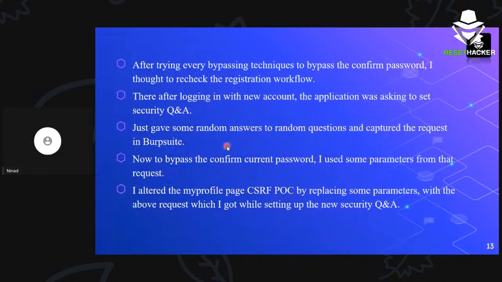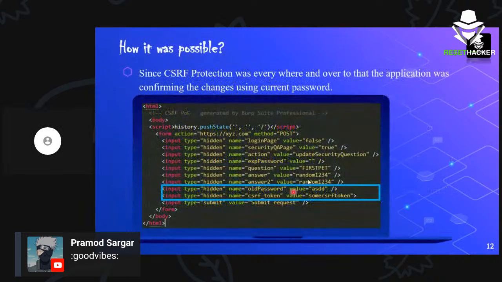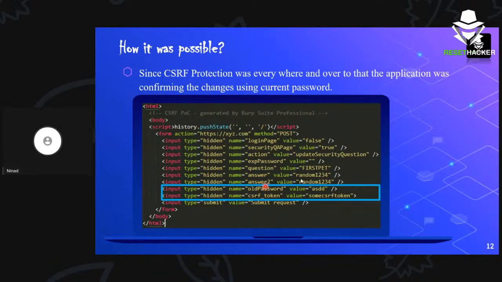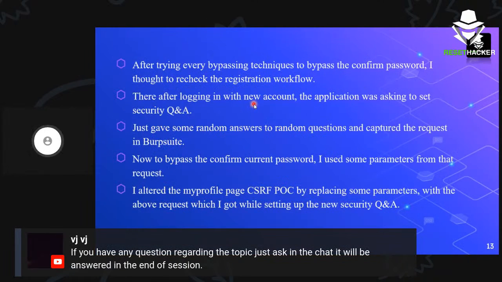But still, after deleting the entire CSRF token parameter, how to bypass this old password parameter? After trying many things, like removing the old password parameter or giving some null value, it didn't work.